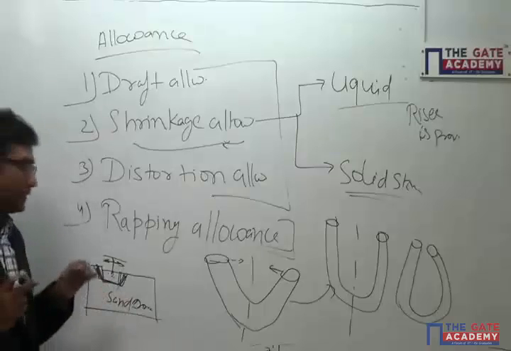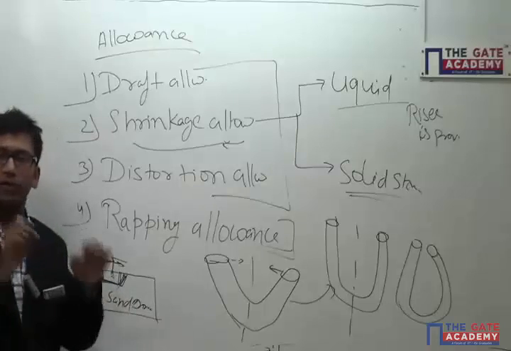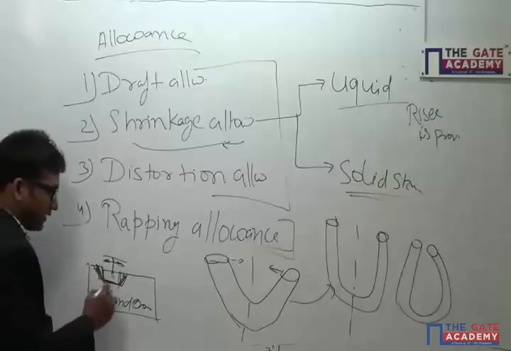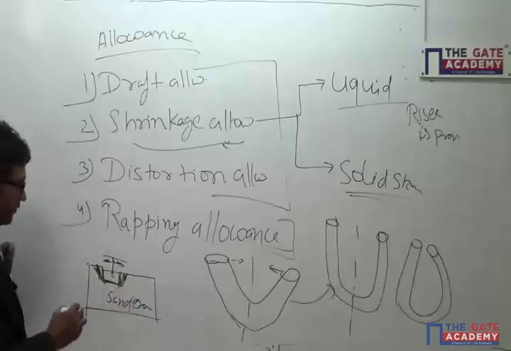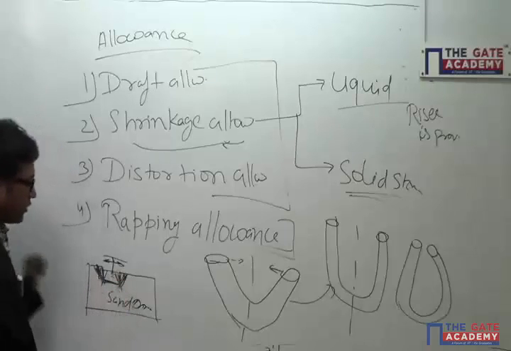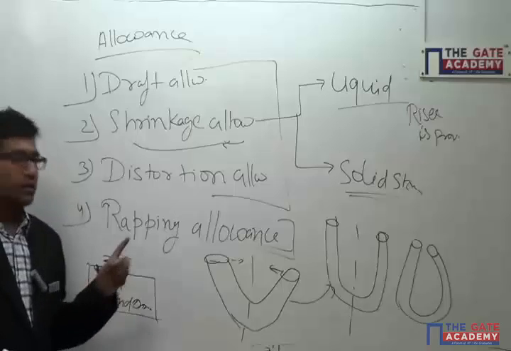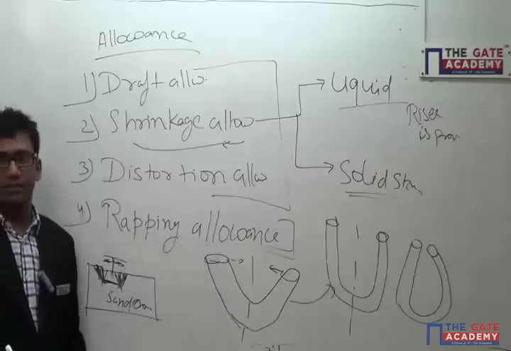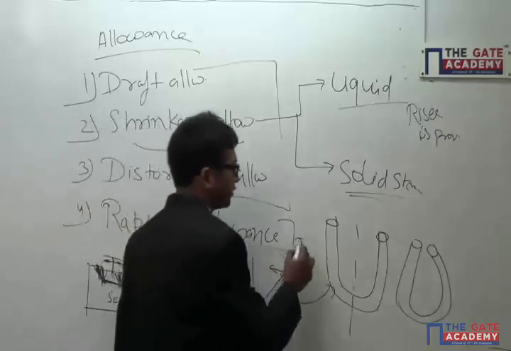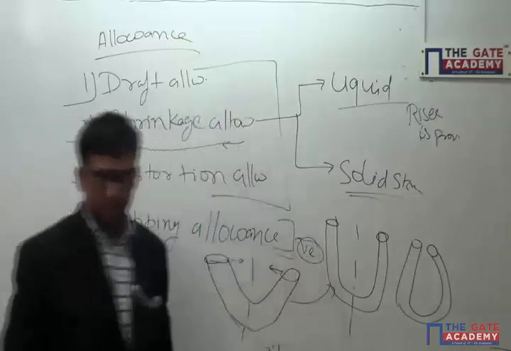We don't want this much material to go into the cavity, so we provide some lesser material. We make this kind of arrangement. That is called your wrapping allowance. So only wrapping allowance is negative. The other three allowances are positive. Fine.